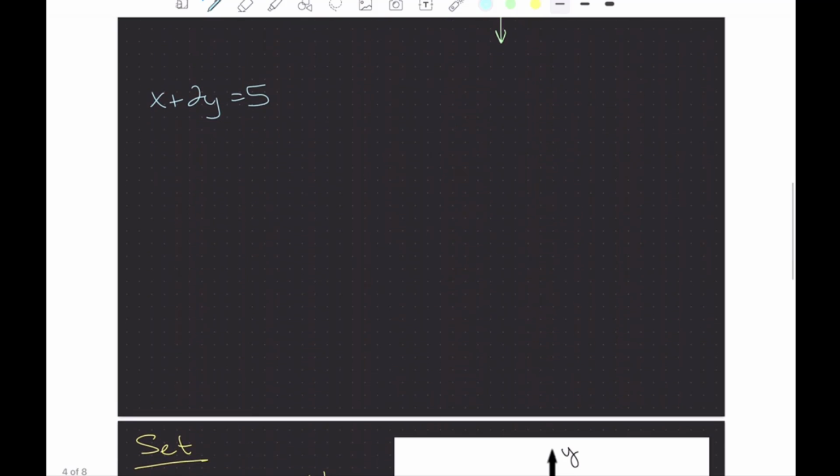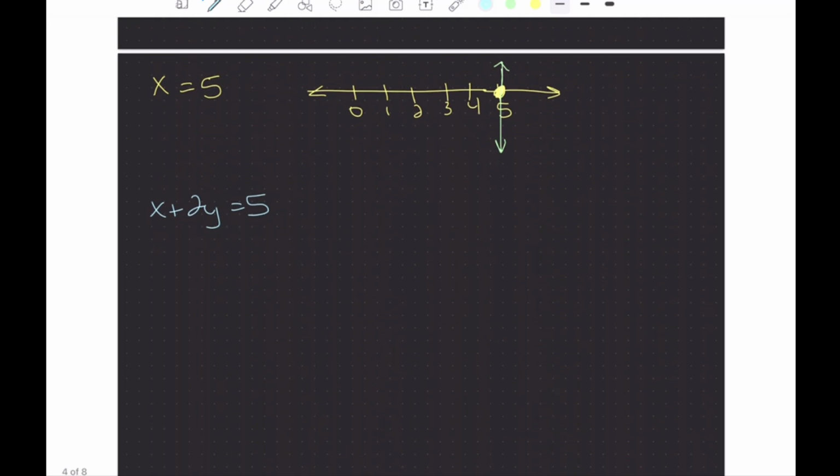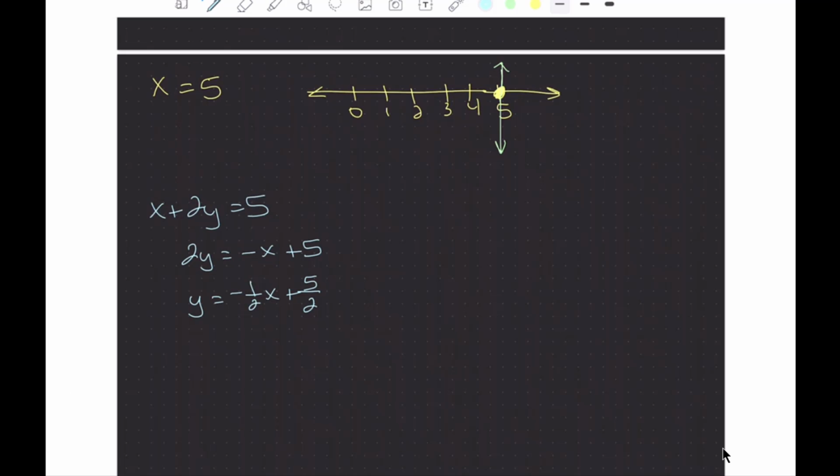So how are we going to do y equals mx plus b? Subtract x. So 2y equals negative x plus 5, just keeping it in the order of the form. And then divide by 2. So y equals, I'm going to write it as 1/2 x plus 5 halves. Alright.